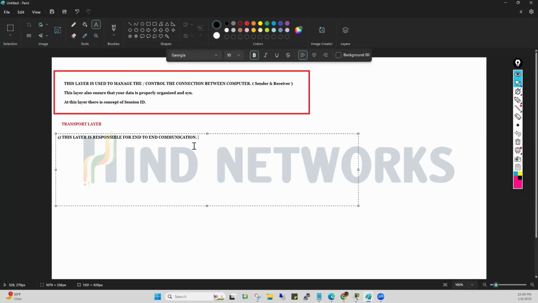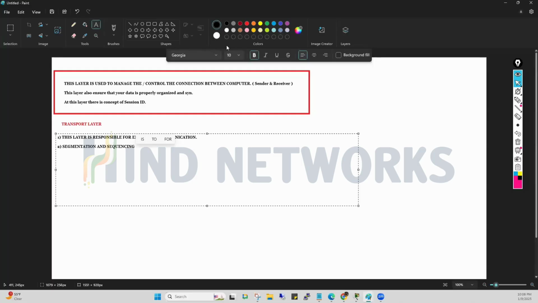Clear? Point number 2, guys: there are some functions, some features at the transport layer. The first feature is called segmentation and sequencing.